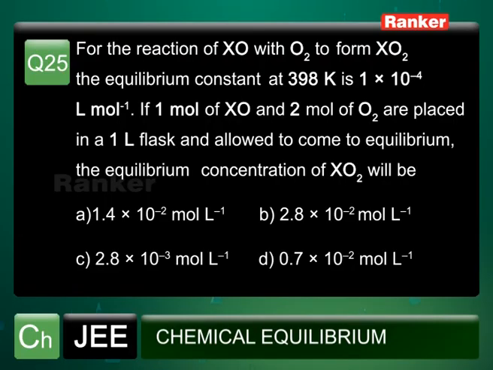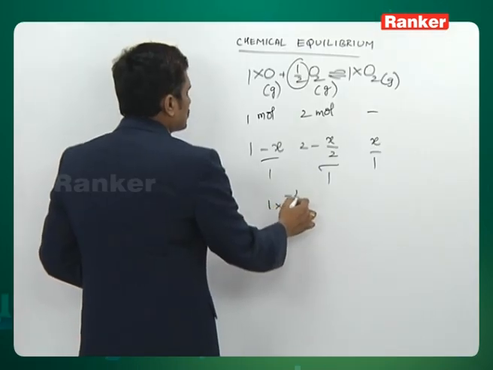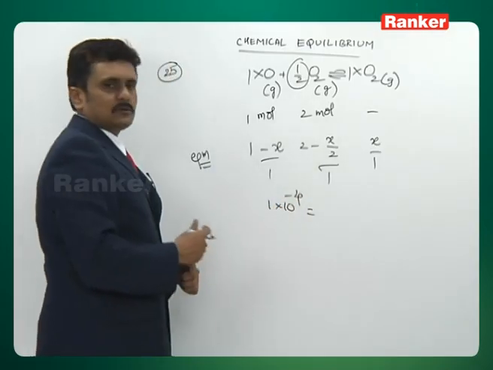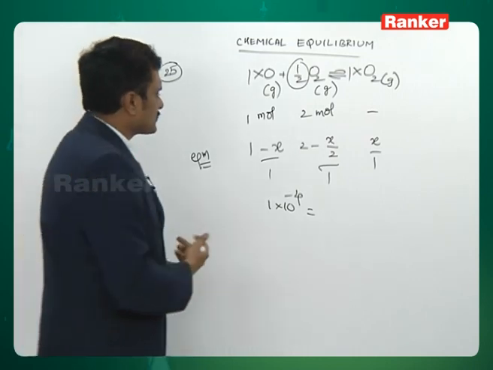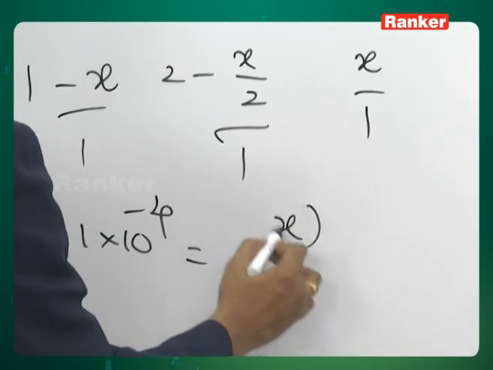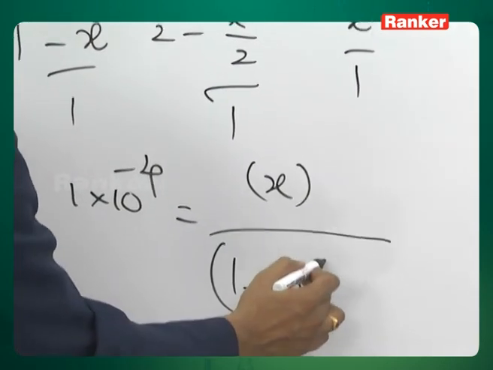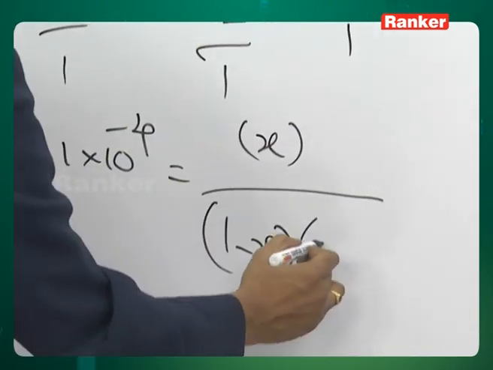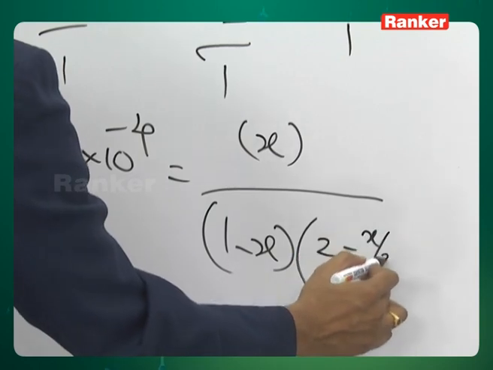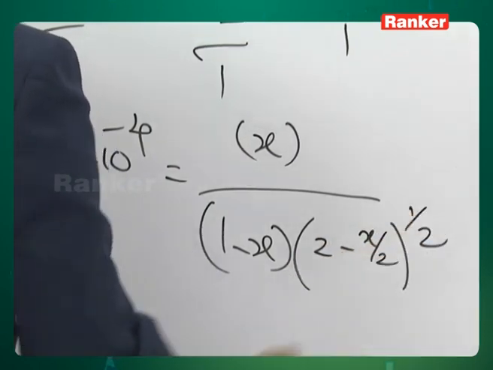Now, the Kc for this equilibrium is 1 into 10 to the power minus 4, which is equal to the concentration of XO2, that is x, upon concentration of XO into concentration of O2 whole power 1 by 2.